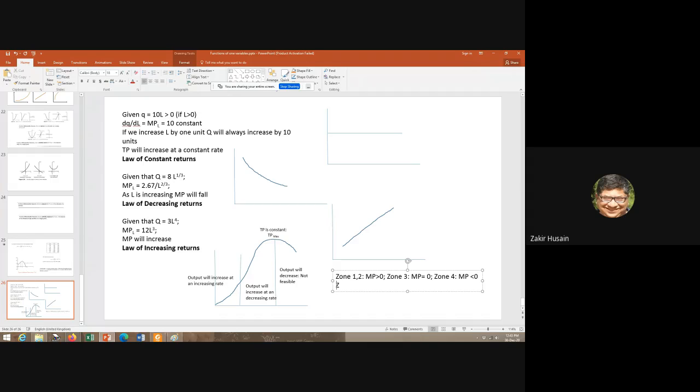Now, if we look at what is happening to marginal product in zone 1: when you're increasing labor, your marginal product is positive. But does it mean that marginal product is increasing?